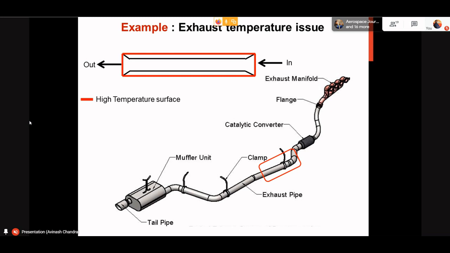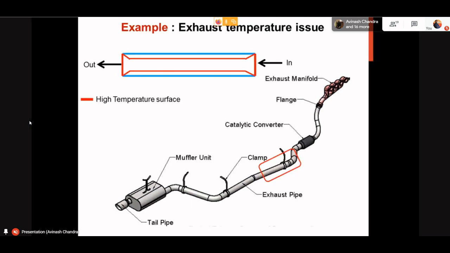So what we did basically, if we simply take a cross section of the exhaust, this is how it will look. The exhaust is coming from the right hand side, and it's going out from the other end. So it's a very high temperature surface. We kept the exhaust pipes like that only, and we introduced one more pipe, which you see as the black pipes inside.